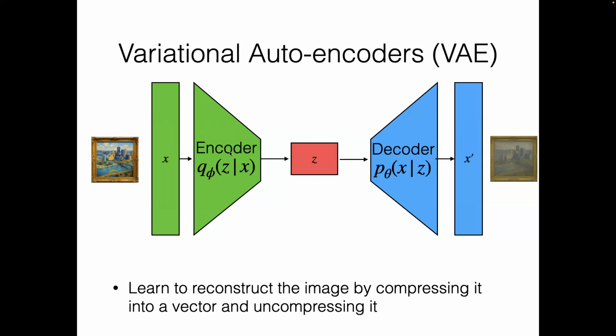The first model is called an encoder, and the encoder will learn to map this image to some latent vector, some continuous vector. Then we also want to learn a decoder, which learns to map a latent vector back into an image.